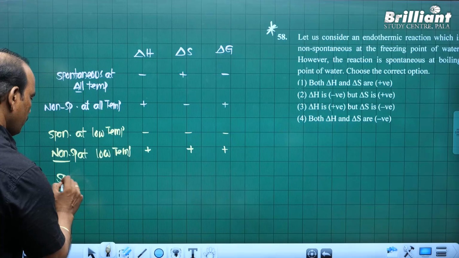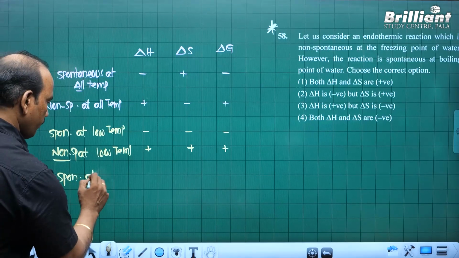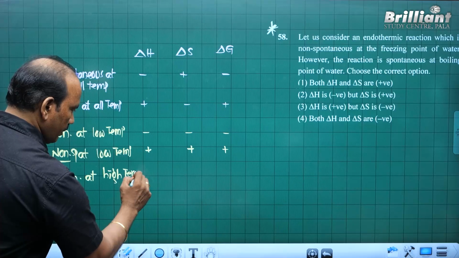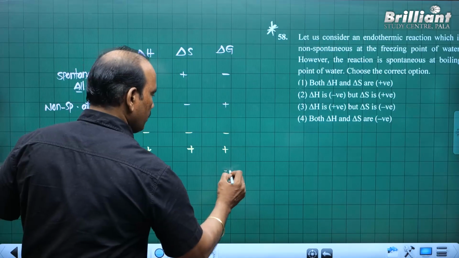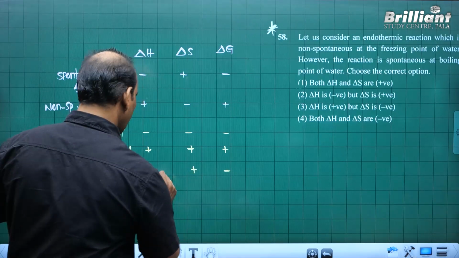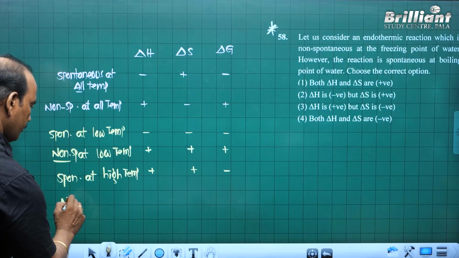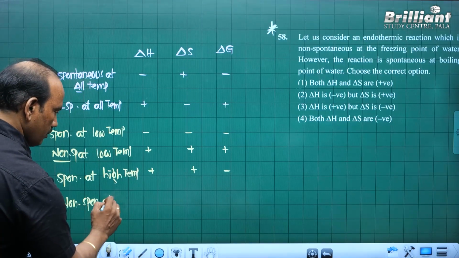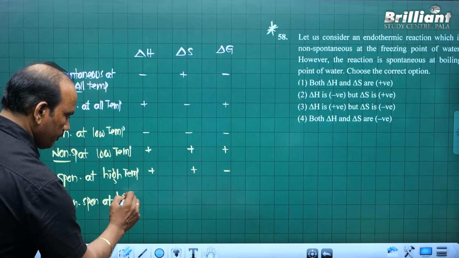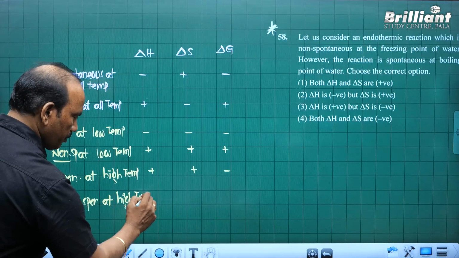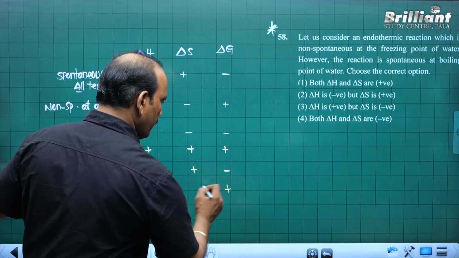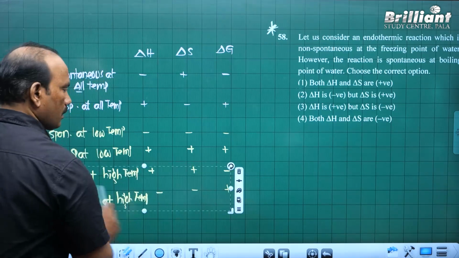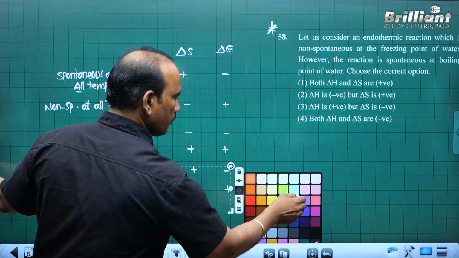At the same time, spontaneous at high temperature, then it is a minus, here plus and plus. Non-spontaneous at high temperature, then this is plus, minus, here minus. This is the conclusion of the thermodynamics.